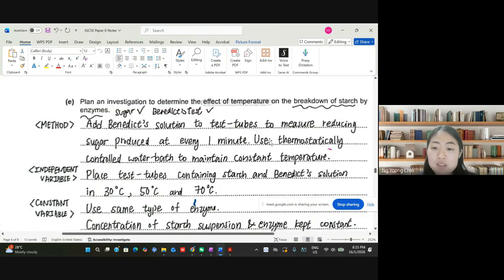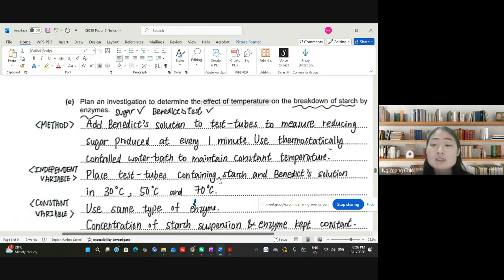So, another thing is, if you use any Benedict's solution to conduct the Benedict's test, it should be conducted at a controlled temperature, which is around 70 degrees. Yeah, 70 degrees around that. It cannot be 100 degrees or too cold.